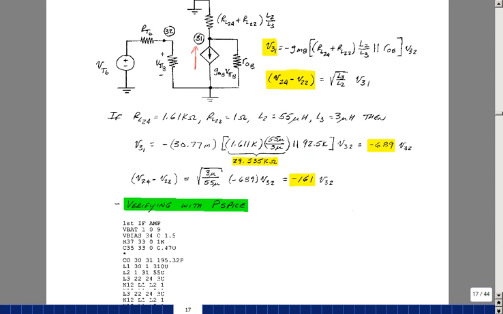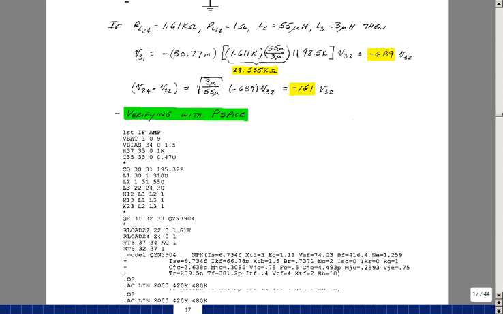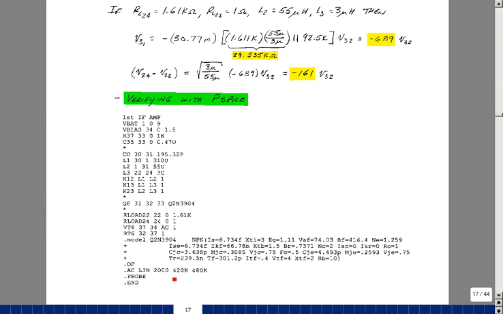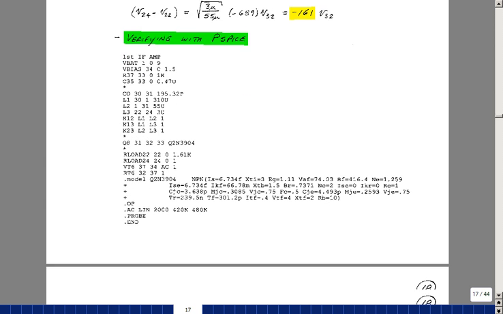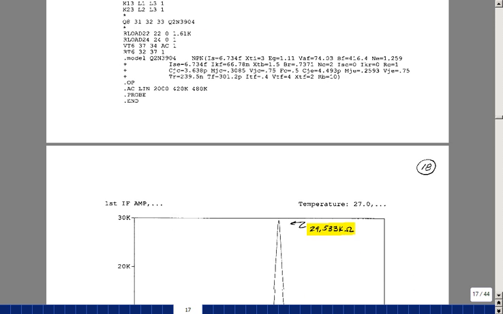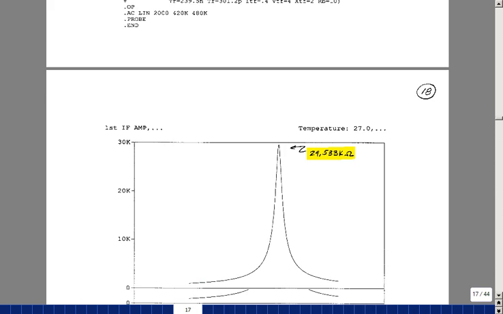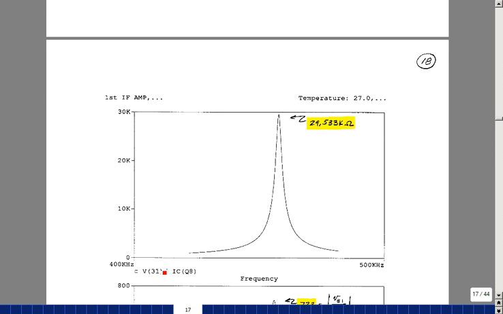Once again, let's verify this with PSpice, but using the model for the 3904. We'll take a look at this in a narrow band of frequencies around 455 kilohertz. Here I can now plot the voltage at the collector divided by the collector current, and I predict about 29.533 kilohms.